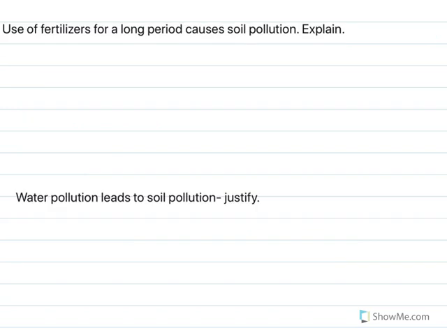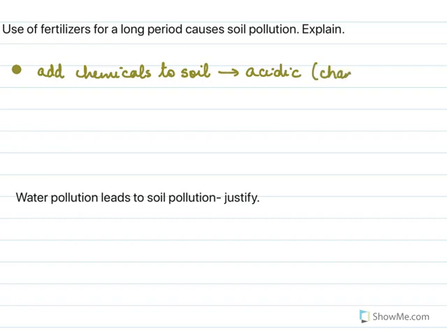The use of fertilizers for a long period cause soil pollution. The first thing is, when large use of fertilizers, you add chemicals to the soil, and because of this addition of chemicals, the soil may become acidic. There is a change in pH, which is undesirable.